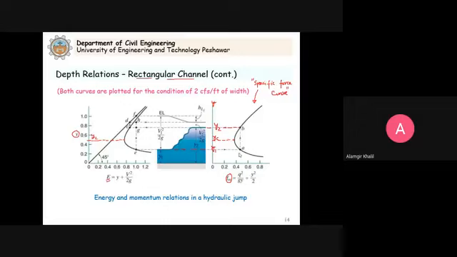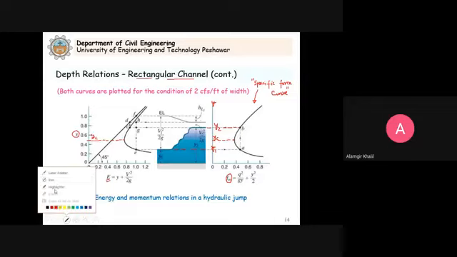So these alternate depths that we can determine, you see here that we have Y1. This Y1 is already here at point E. Now this Y1, we proceed here, it will cut the specific force curve here. This is specific energy point E here, and this specific force point is A.